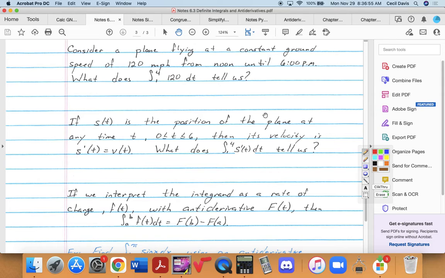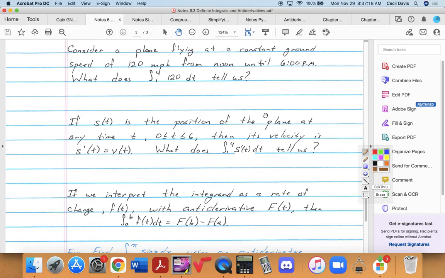All right. So, consider, for example, a plane flying at a constant ground speed of 120 miles per hour from noon until 6 p.m. Boy, I hope he's got autopilot. What does the integral from 1 to 4 of 120 dt tell us?